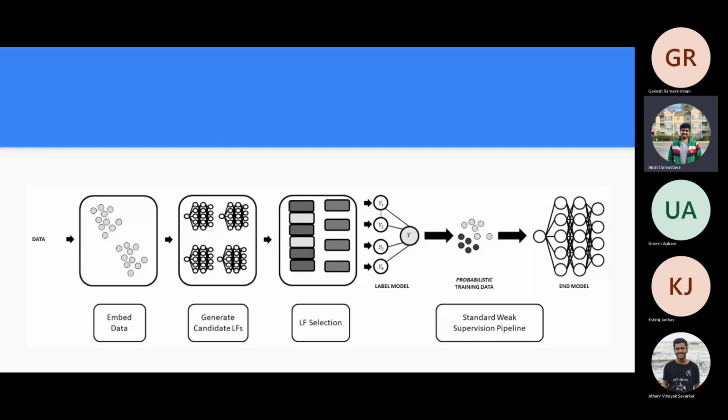So now we have the embedded data, and we have to generate some candidate labeling functions. These labeling functions would be small ML models, and then we would use Snorkel to select an appropriate distribution of those models, and then label and train the model further, and then we would get the end model.